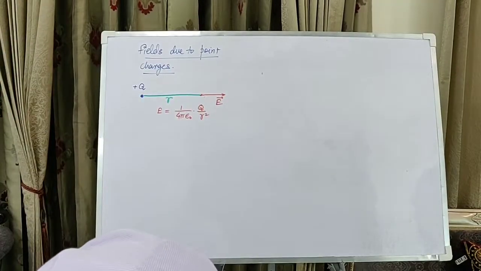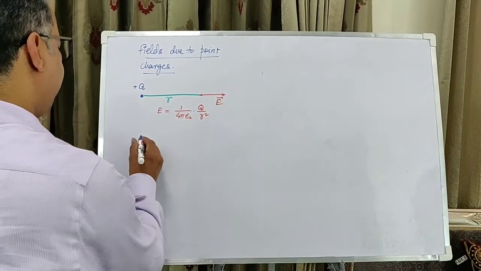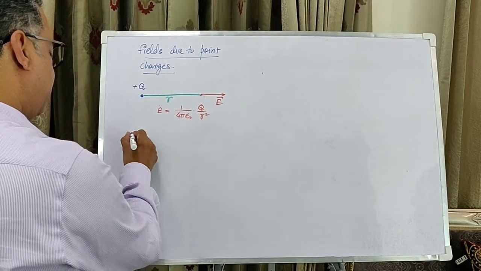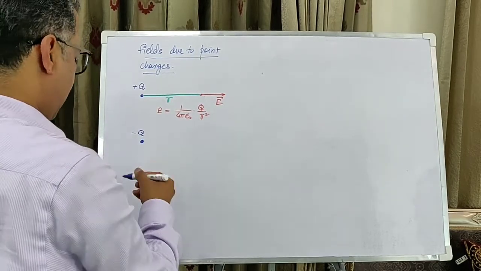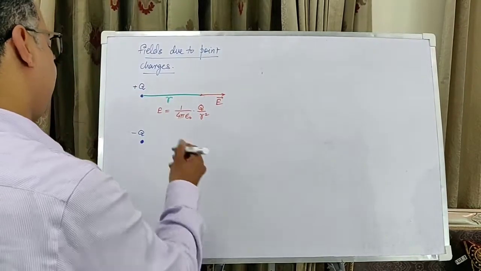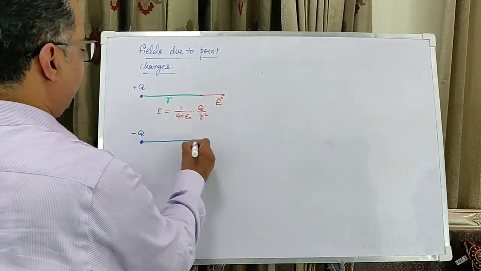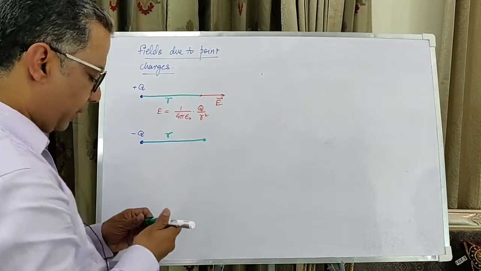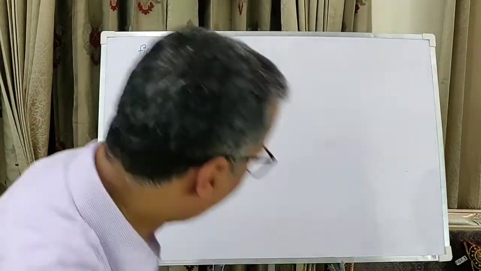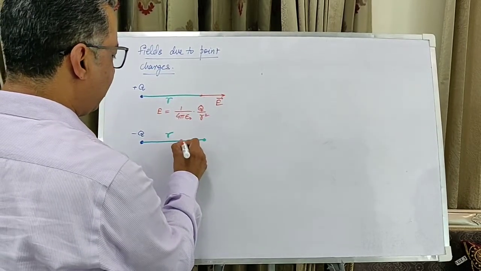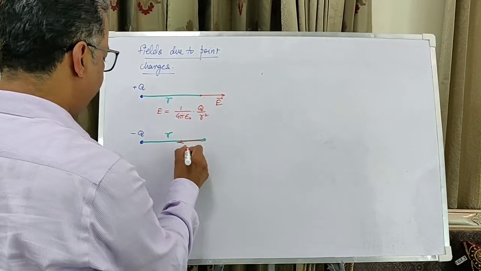Now, if in place of a positive point charge we have a negative point charge, and we are interested in finding the electric field at a distance r from it, and we are finding the electric field over here. Now here the electric field vector will be directed towards the charge.